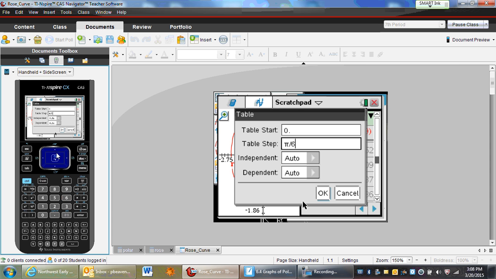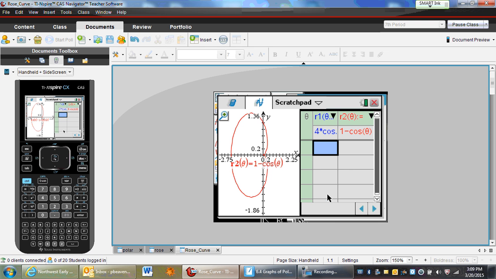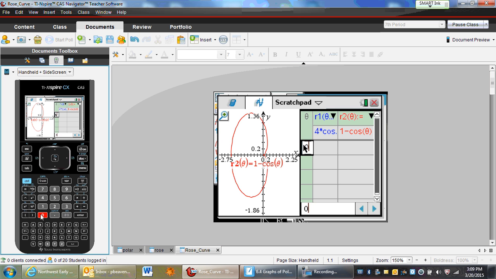Now, let's go to the independent, and we're going to change that to F. Let's go to OK. So let's enter our first value, that's 0 for theta. And press enter. So you could see that the r value will be 0. And remember, we're looking at this function here.